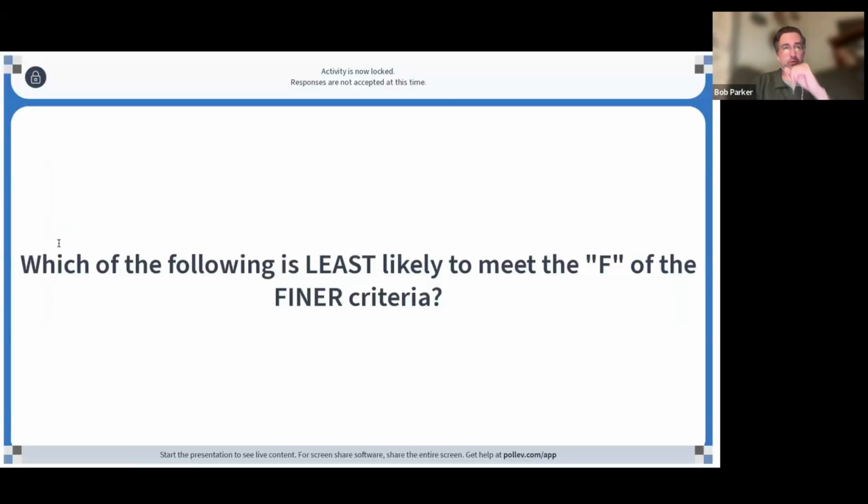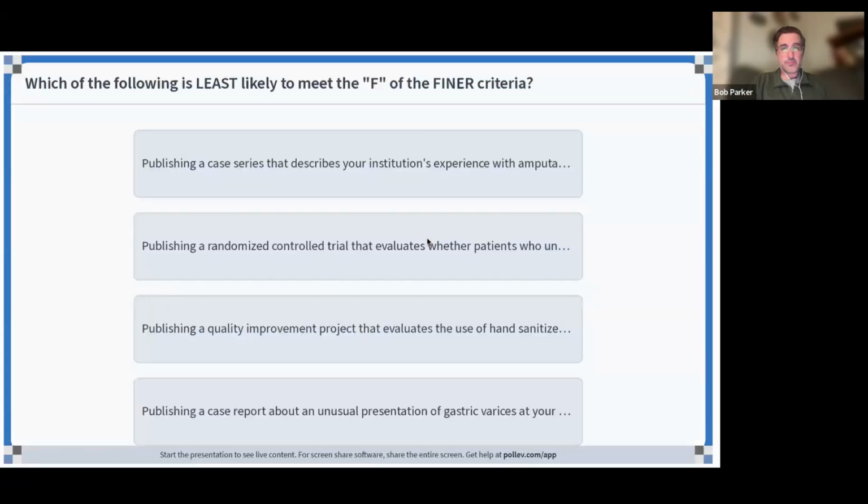Let's see if we have a few questions to test your knowledge on the FINER criteria. Which of the following is the least likely to meet the F of the FINER criteria? Let me refresh this and see if it shows up.